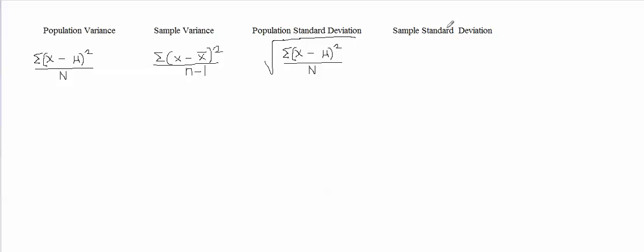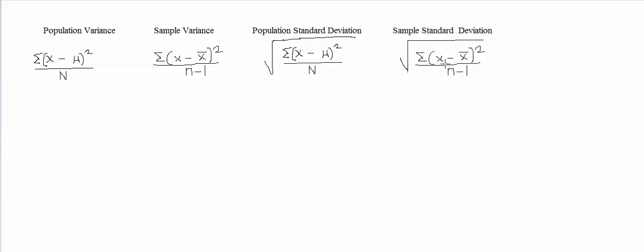What about the formula for sample standard deviation? Well, the sample standard deviation is the square root of the sample variance. So we just take the sample variance formula and put it under the square root sign. And there's our formula.